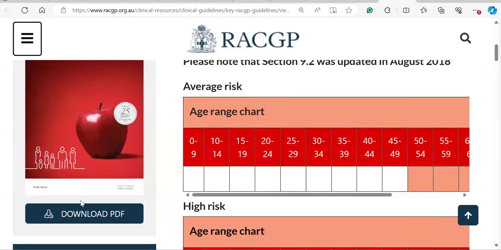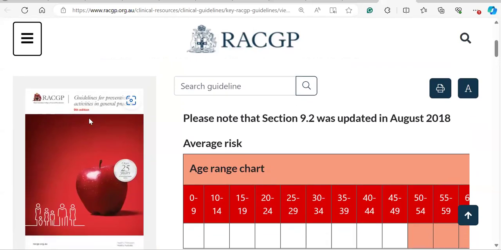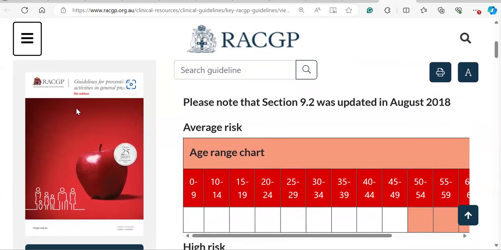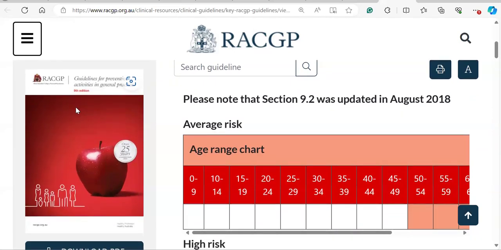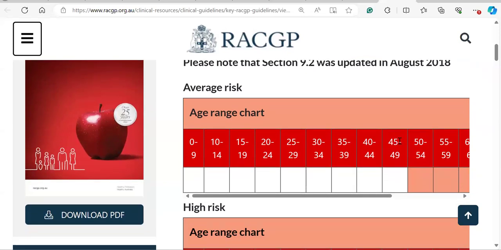Okay, so all of this screening you will be able to find in Redbook Australia. And currently the 9th edition is the edition that we are following. Okay. And it's still in Australia, we are following this Redbook for any kind of screening. So let's see.